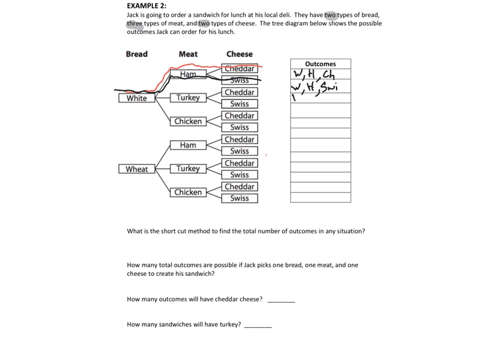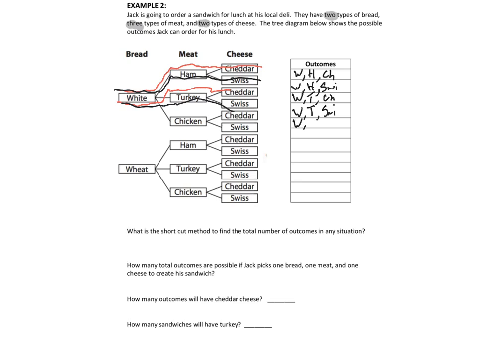So we're going to have white bread to turkey next, then to cheddar, then white to turkey to Swiss, and that would cover both turkeys. Here, got that, and white, turkey, Swiss. So now we're going on to the next one, which is chicken.